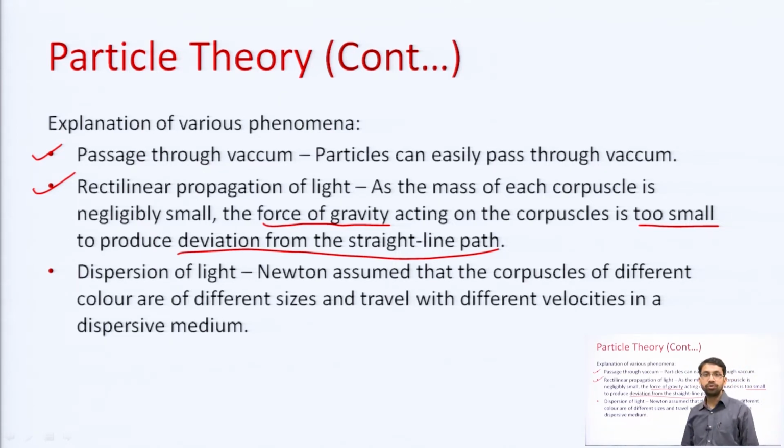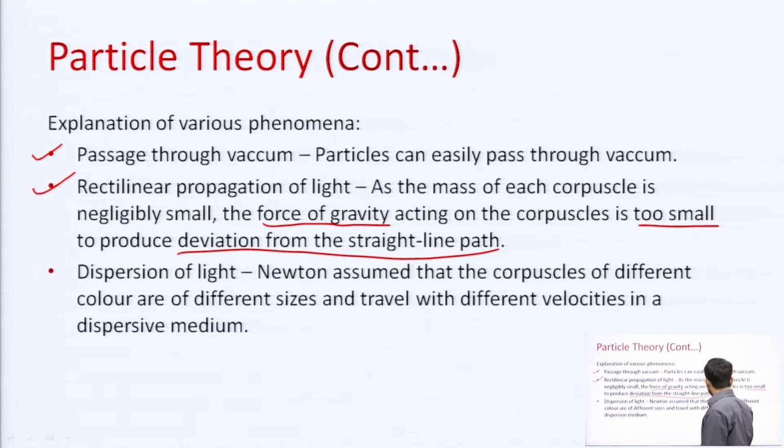Dispersion. So, Newton assumed that particles of different colors are of different size. These corpuscles have different size for different colors, and the velocity is also different. Okay.